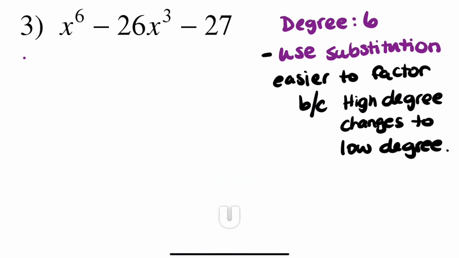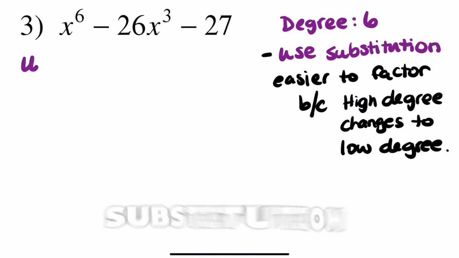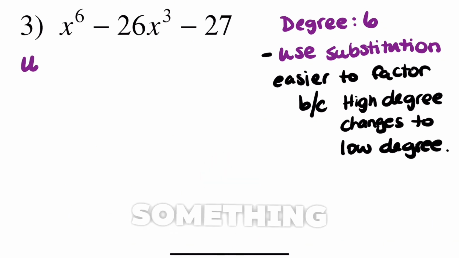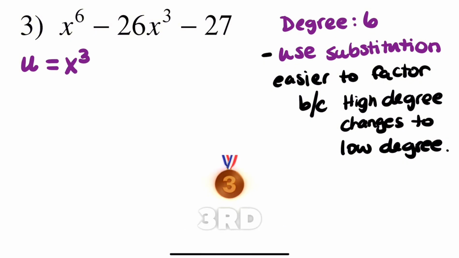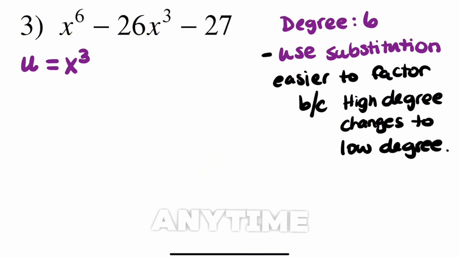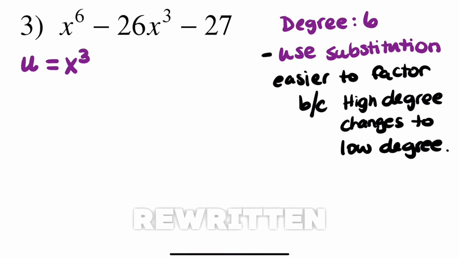I'm going to use the letter U for my substitution. So again, substitution is just replacing something with something else, okay? So I'm going to say that U is going to be x to the third power. So anytime I see x to the third power, I'm going to replace it with the letter U. This is very important because you're going to have to start to notice that other powers can be rewritten as x to the third power.